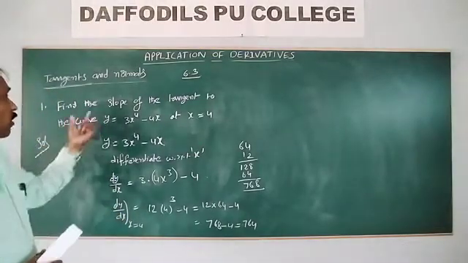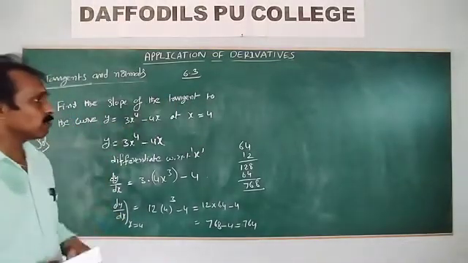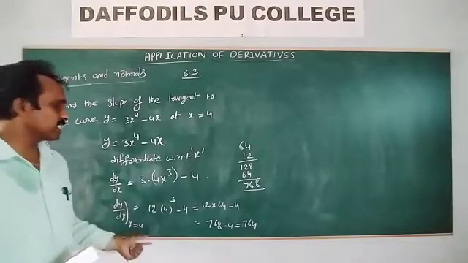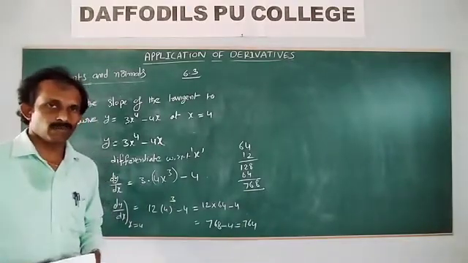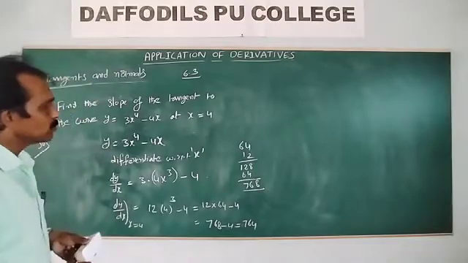So they asked to find the slope of the tangent for this curve at x is equal to 4. How much value? At x is equal to 4, 764. Okay, so like this problem.